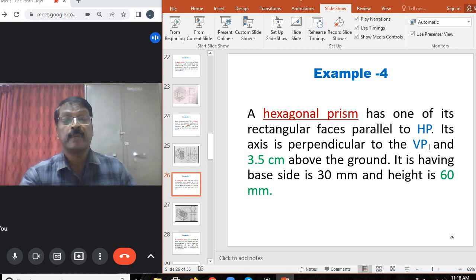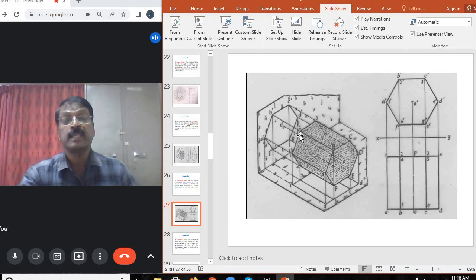So the front view shows the true shape of the base. So consider this figure, the hexagonal prism. Since the axis is perpendicular to VP, the true shape of the base hexagon is available in front view. So we have to start with the front view.